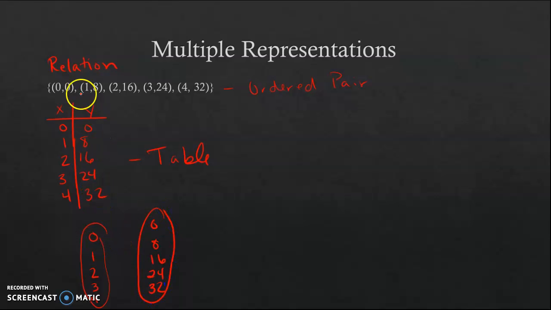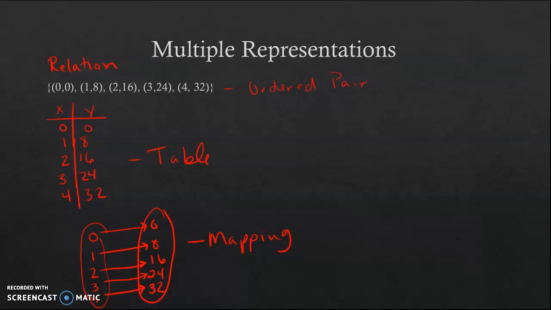And then we're going to map our coordinate points. So 0 goes to 0. 1 goes to 8, 2 to 16, 3 to 24, and 4 to 32. And so this is what we call a mapping. And so those are the different ways you can represent a relation.